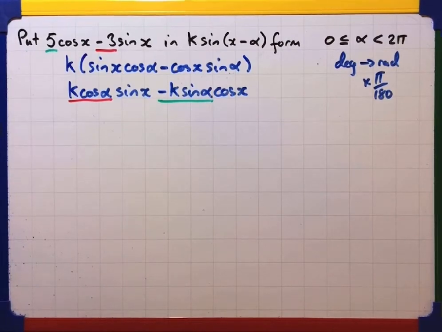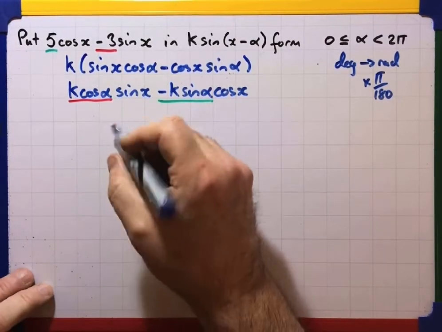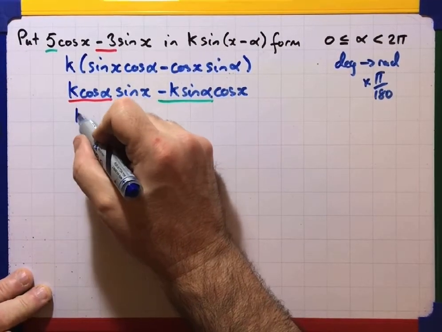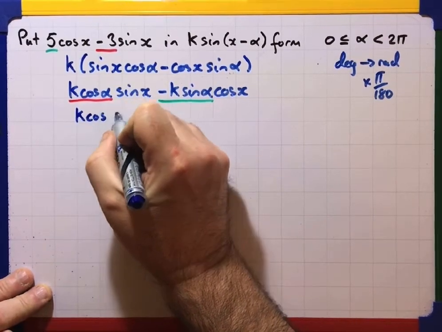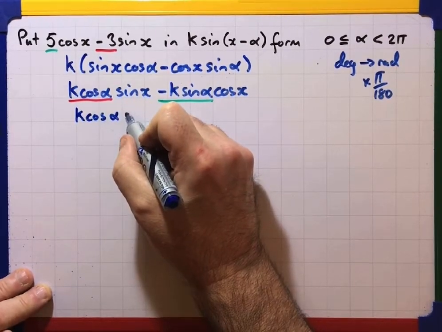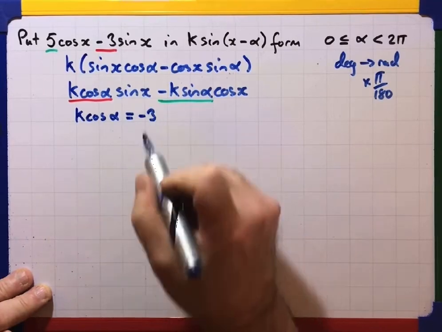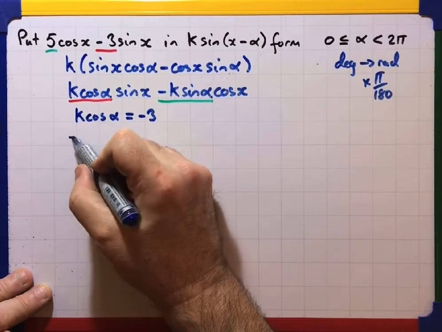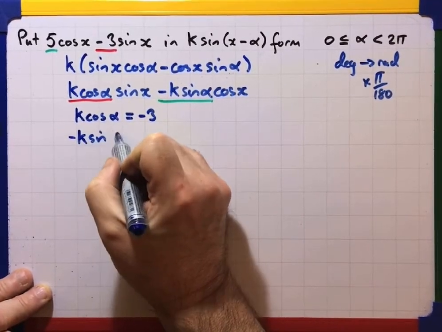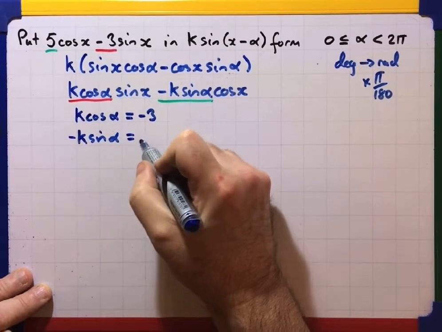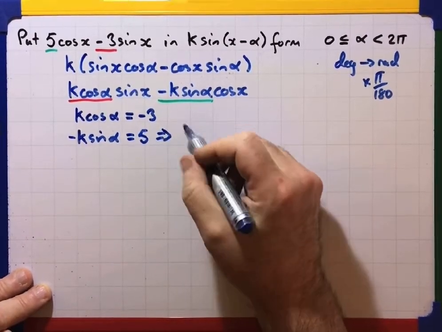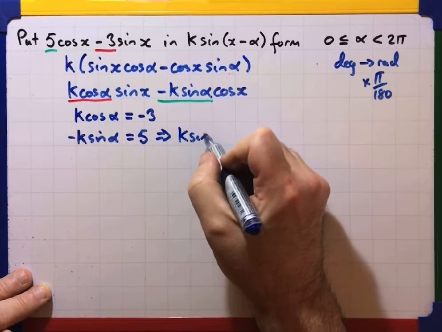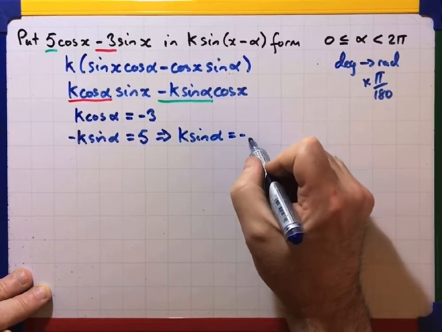So let's write those two down. So we've got k cos alpha equals minus 3. And we've got minus k sine alpha equals 5. But we really want to write that as k sine alpha equals minus 5.